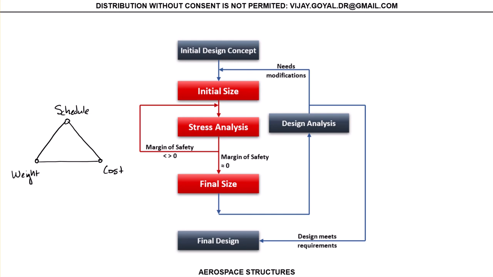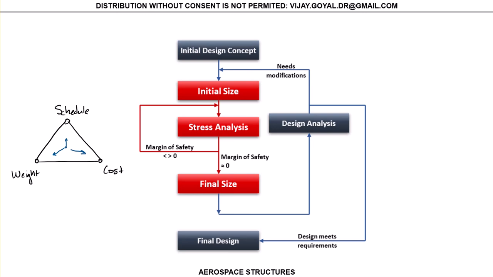The whole idea and purpose of the airplane is somehow to stay in the middle, but it's all going to depend, because what if schedule is way more critical? Then your design is shifted more towards your schedule. If weight is more critical, then it will be shifted towards the weight. And if cost is more critical, then it's shifted towards the cost, right? In a nutshell, this is what your plane is actually doing.